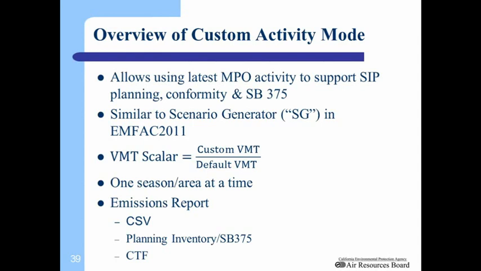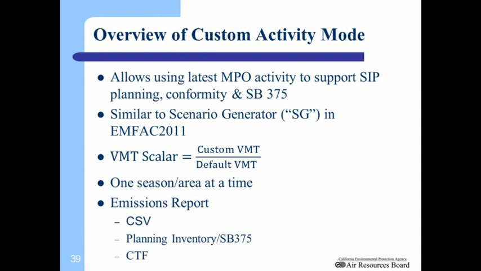For those vehicle categories or speed bins that have no VMT, we put in a very small dummy VMT, so that the scaling method can work and we do not have a division by zero.